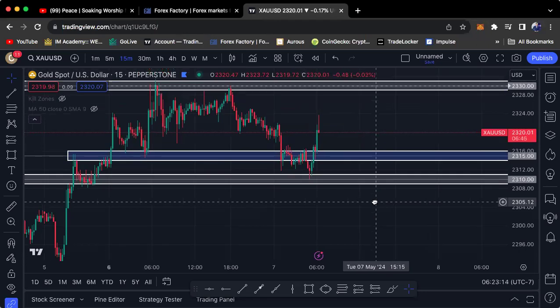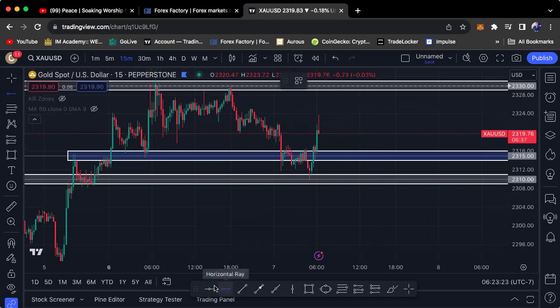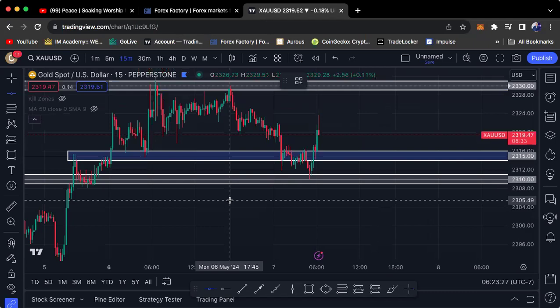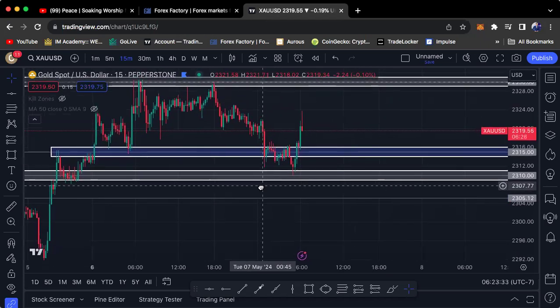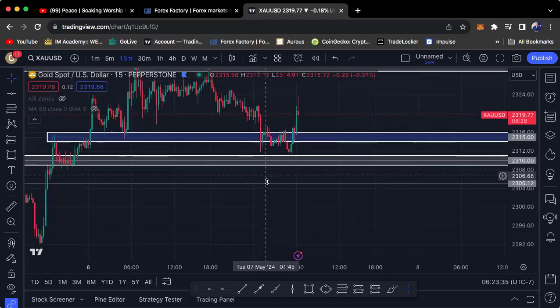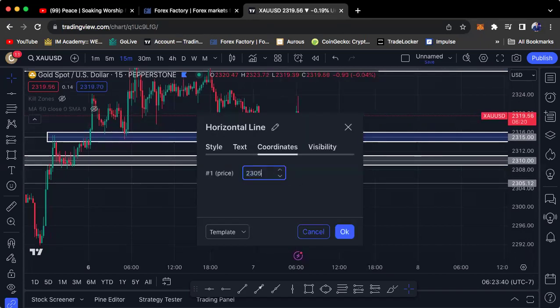I'm going to draw my next internal zone at 23.05. Going to go 5.